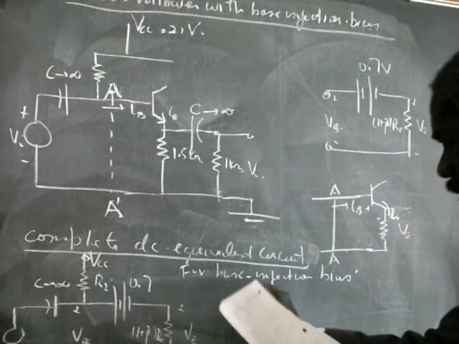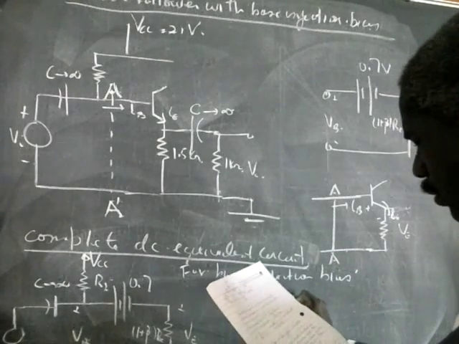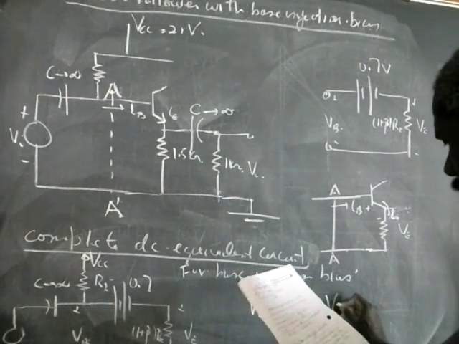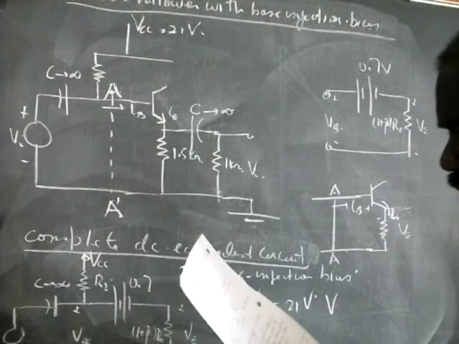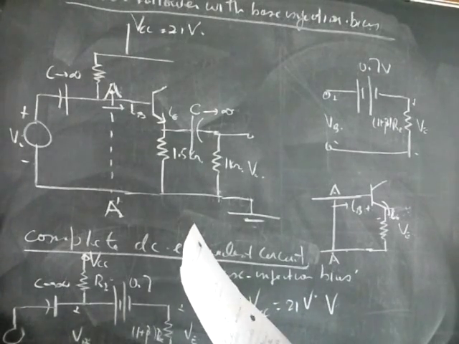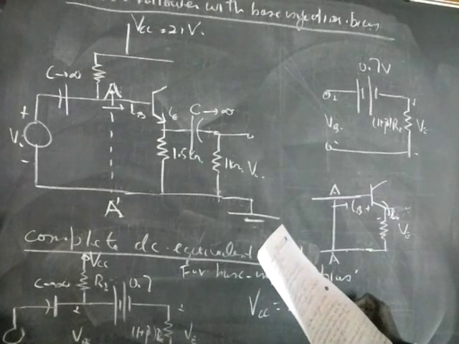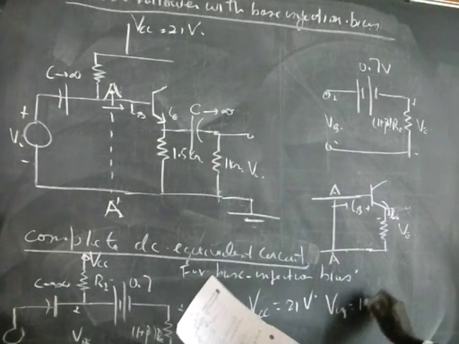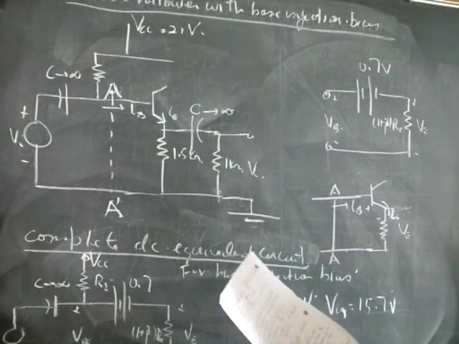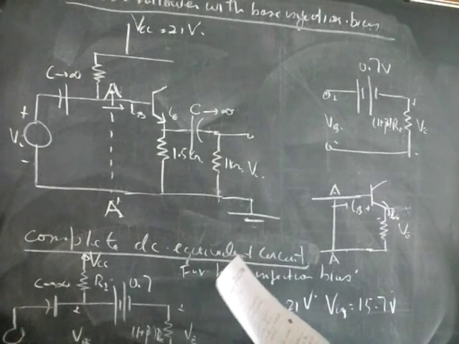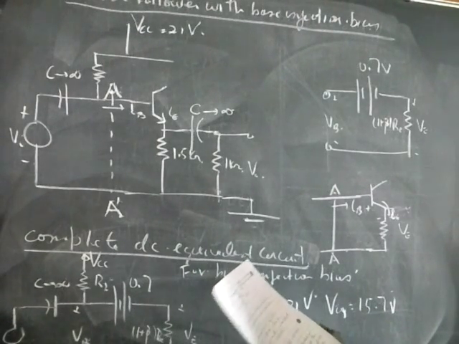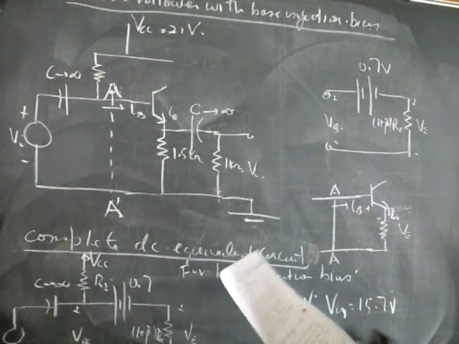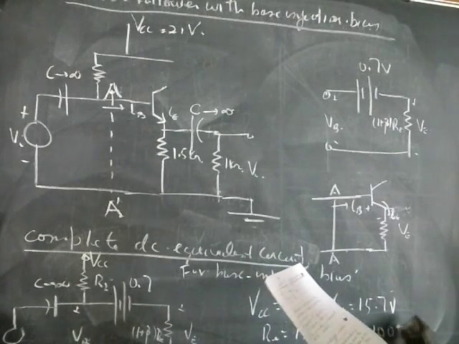Now in the second example, we have now that VCC was equal to 21 volts and beta equal 100.